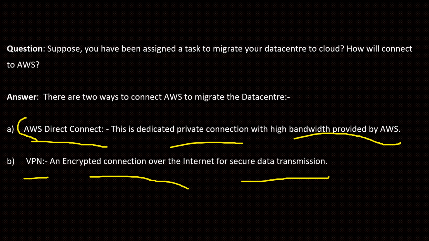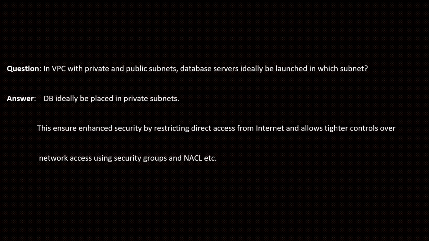Coming to the next slide. In a virtual private cloud with private and public subnets, in which subnet should database servers ideally be launched? Every organization wants to launch their database in a very secure zone. That means the database should ideally be placed in private subnets.